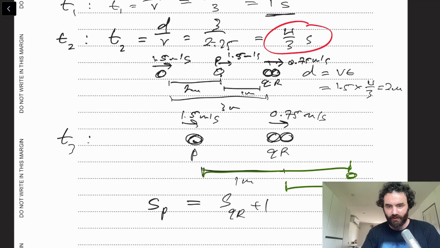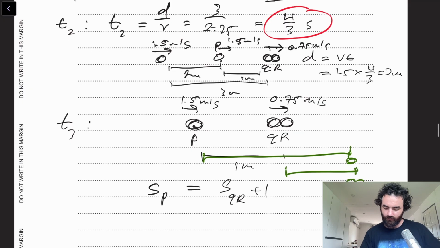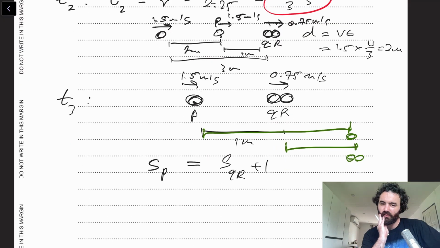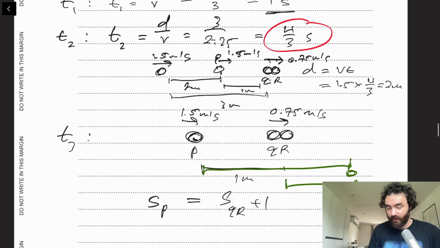We've got some formulas here we could definitely use. Do we even need them? Yeah, there's no acceleration, so this is easy. Distance equals velocity times time.